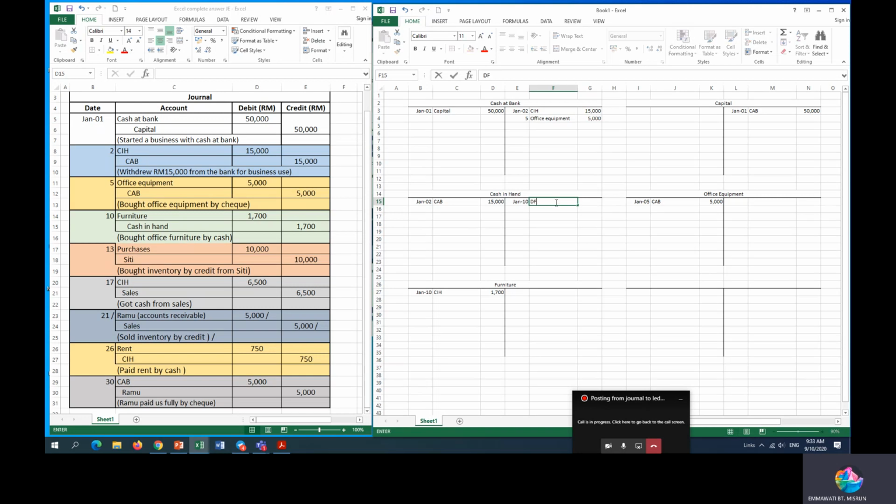So we have furniture here on the credit side of cash in hand. And then the amount is 1,700. Alright. Next, let me finish up the posting with the rest of the journal, journal to ledger.